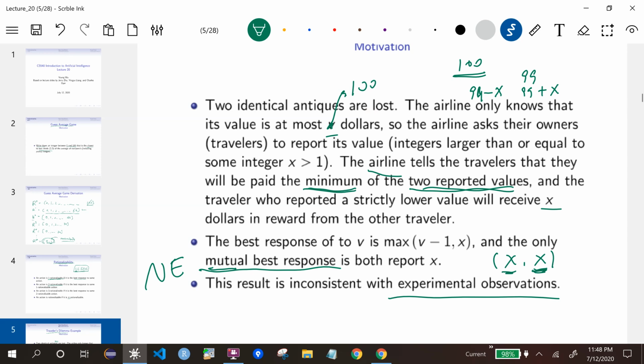However, the other player can lie. So if you have more than two players, the other players may lie and pick something else that's not part of the Nash equilibrium, and then my action will no longer be the best response.